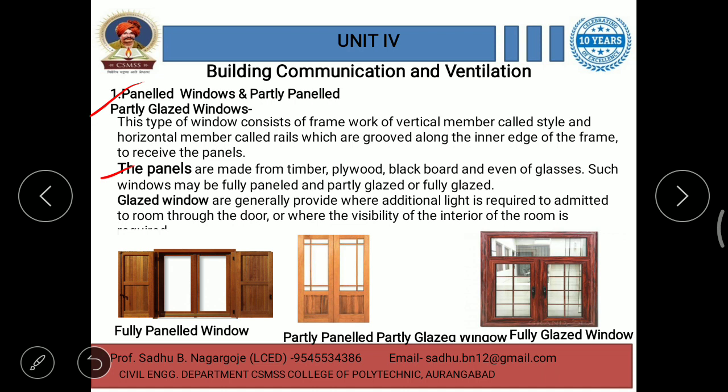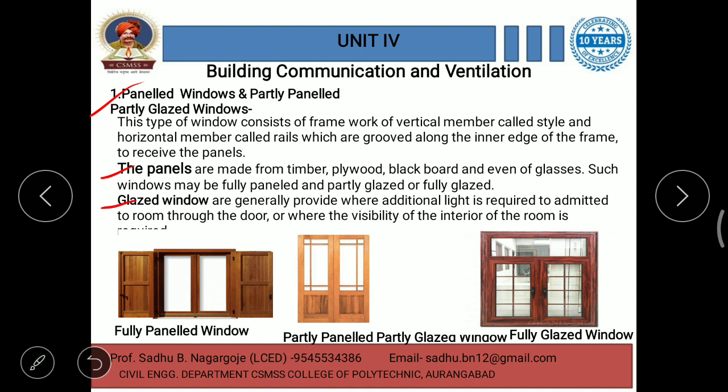The panels are made from timber, plywood, blackboard, and even glass also. Such windows may be fully paneled and partly glazed or fully glazed.